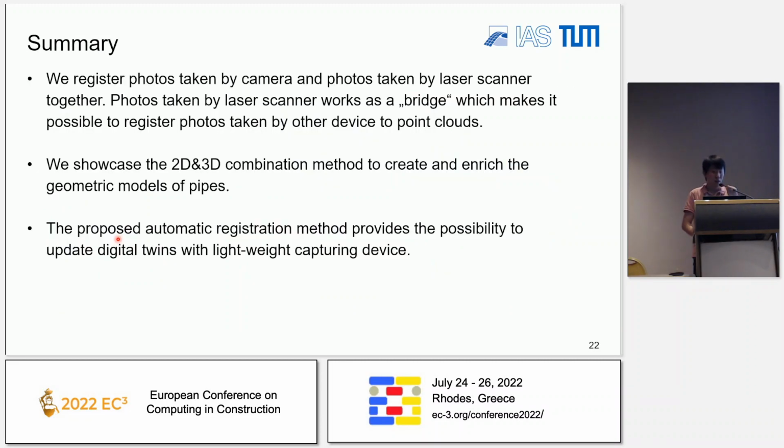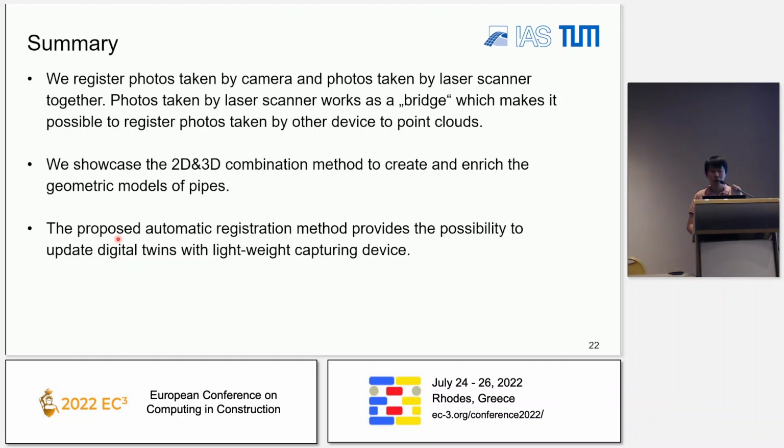In summary, in this paper, the proposed automatic registration method provides the possibility to update the 3D models, or sometimes we call them digital twins or scan-to-BIM process, with some lightweight capturing device.